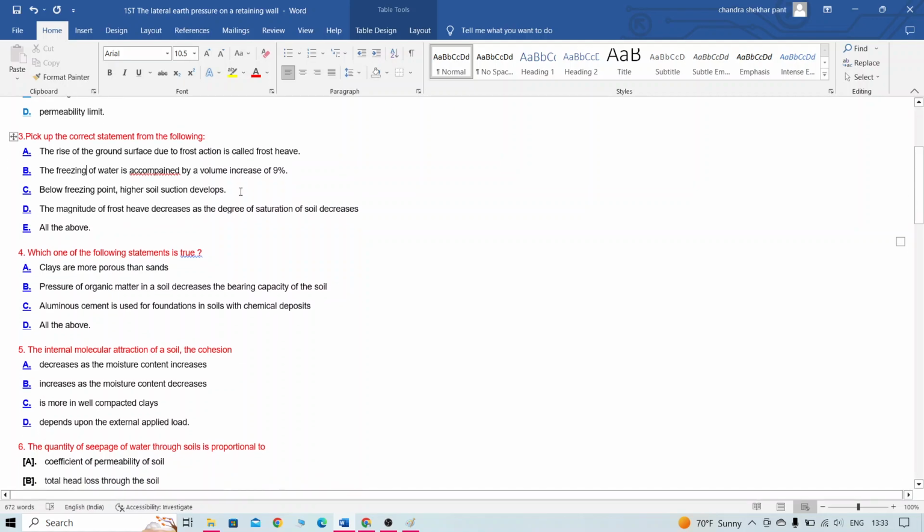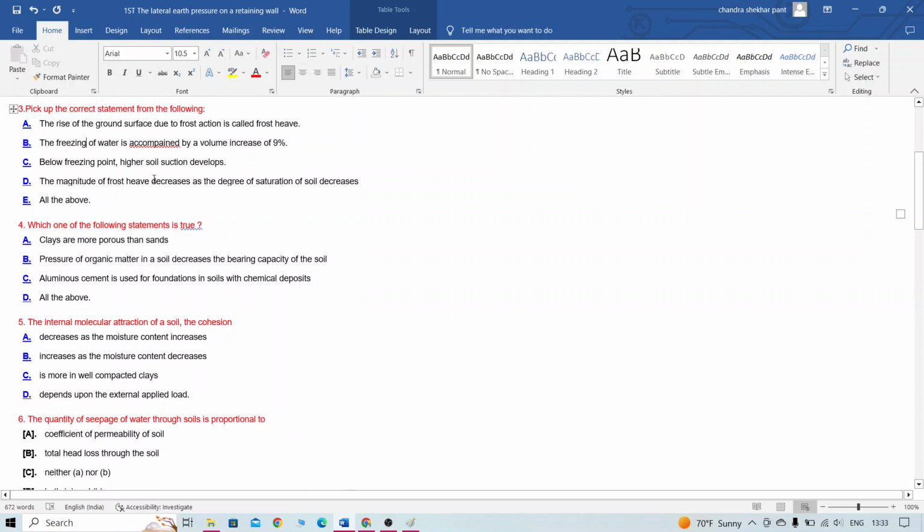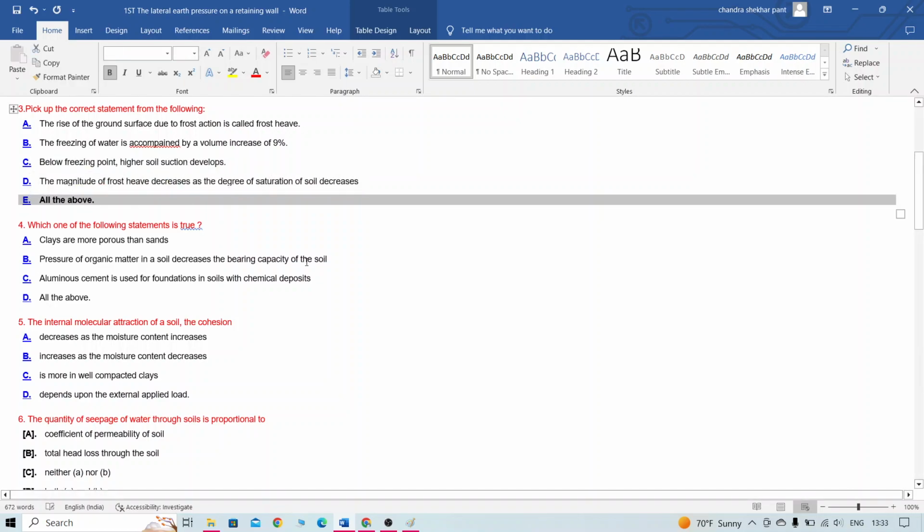Below freezing point, higher soil suction develops. The magnitude of frost heave decreases as the degree of saturation of soil decreases. Obviously, if the water content decreases, then frost heave will not take place as much, and vice versa. So the option will be this one, option E.